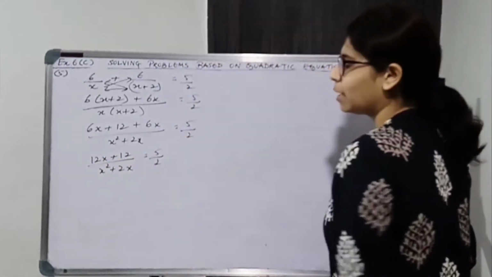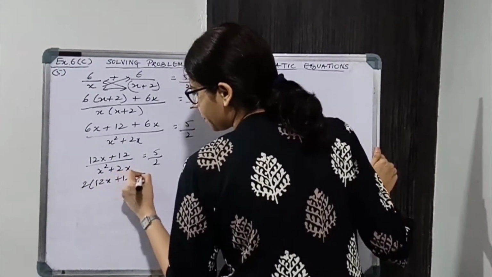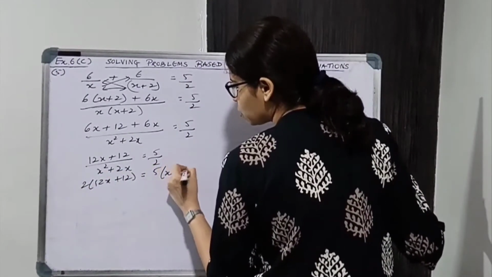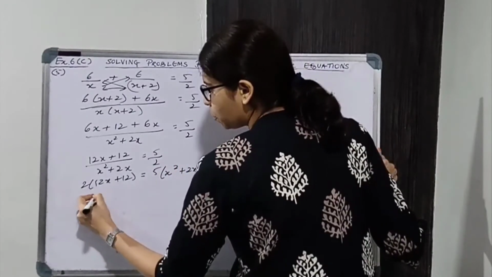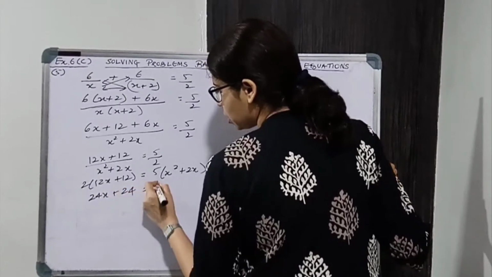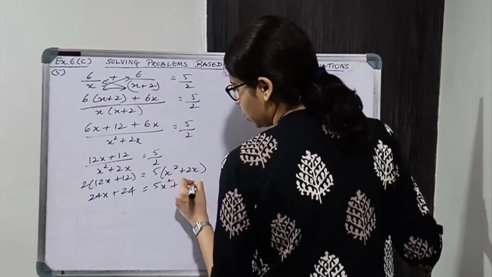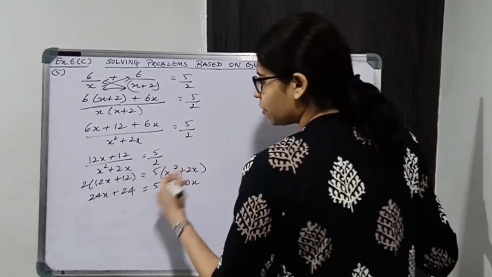Now we'll cross multiply. So 2 into (12x plus 12) is equal to 5 into (x square plus 2x). So we'll get 24x plus 24 is equal to 5x square plus 10x. Okay, shifting everything in the RHS.